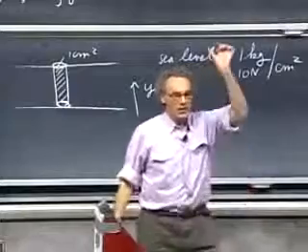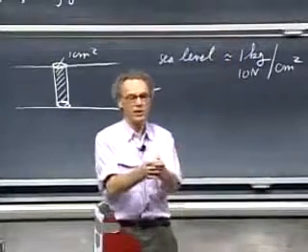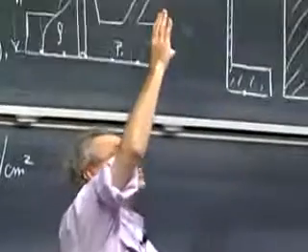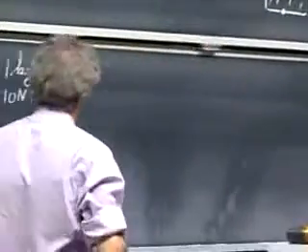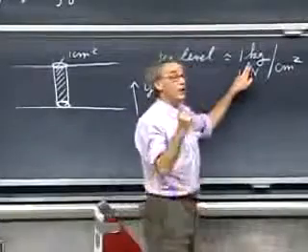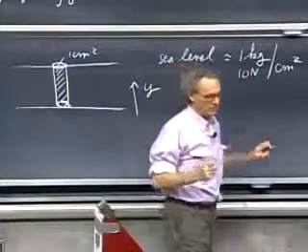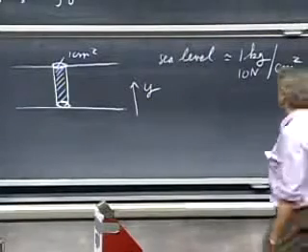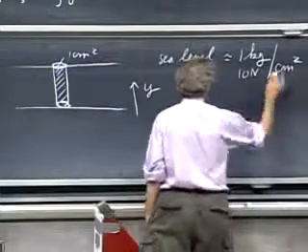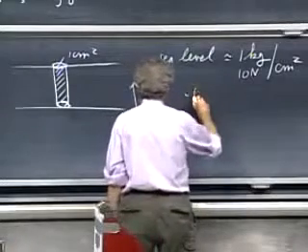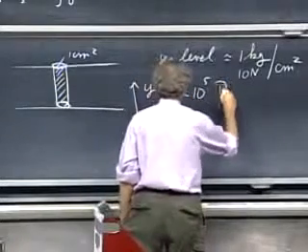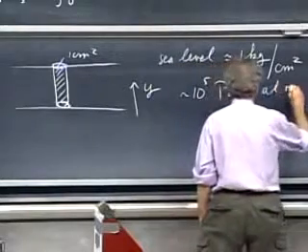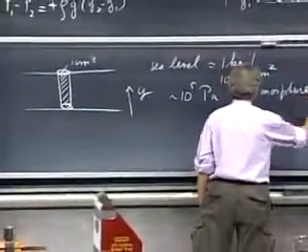It means then that this whole column, if I take a 1 square centimeter tubing all the way to the top of the atmosphere, a few hundred kilometers, that would weigh 1 kilogram only, all that air. 1 kilogram per square centimeter, if you convert that to newtons per square meter, then you get roughly 10 to the 5th pascal. And that is called generally 1 atmosphere. It's called the atmospheric pressure.